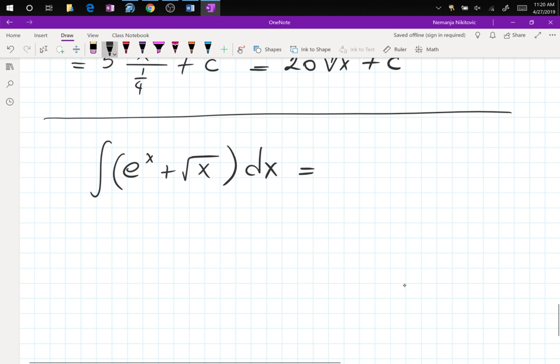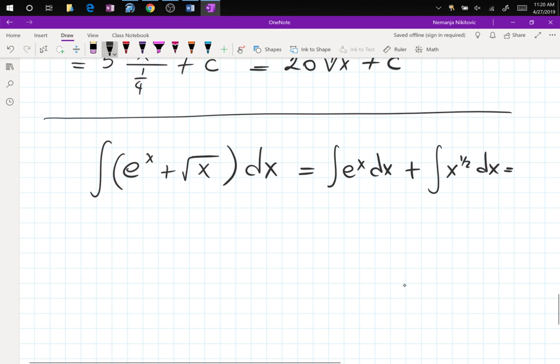So we can rewrite this, you don't have to, but we can rewrite this as the integral of e to the x dx in its own integral, and the integral of x to the 1/2 in its own integral. You will be integrating it separately, so whether you write two separate integrals or you don't, it doesn't really matter.